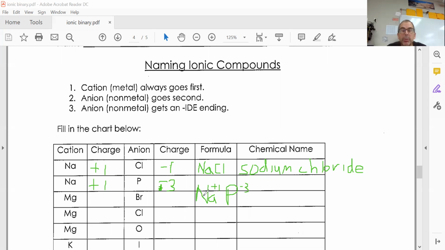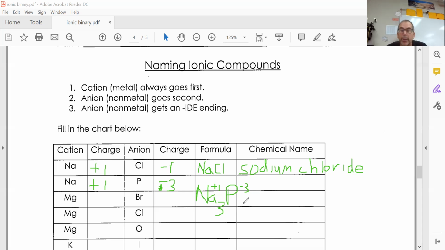So what happens to balance charges, it's like if I lose $3, I have to win $1 three times to balance it out. So I'm going to put a little subscript down here. And what this tells me is that 3 sodiums at +1 balances 1 phosphorus at -3.